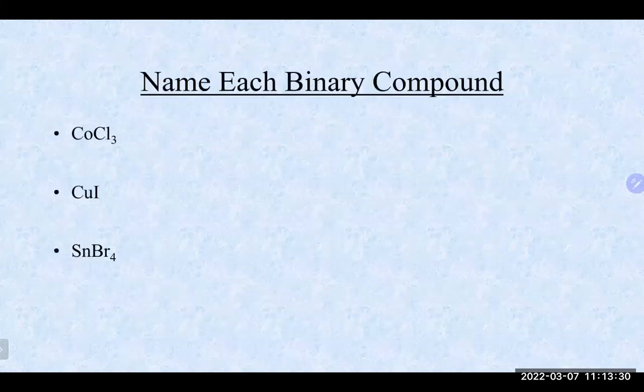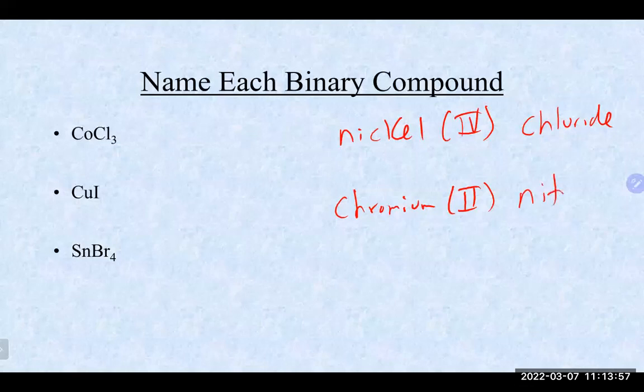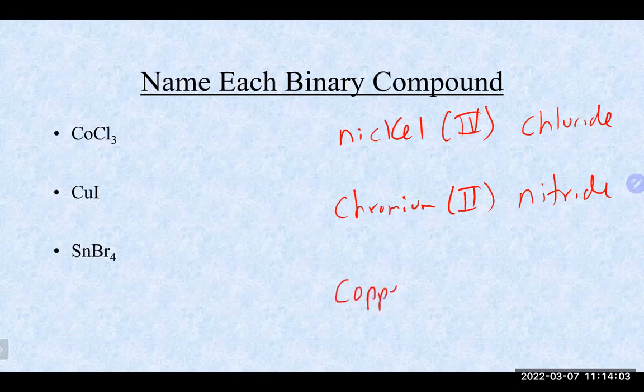Let's do nickel 4 chloride, chromium 2 nitride, and copper 1 oxide.